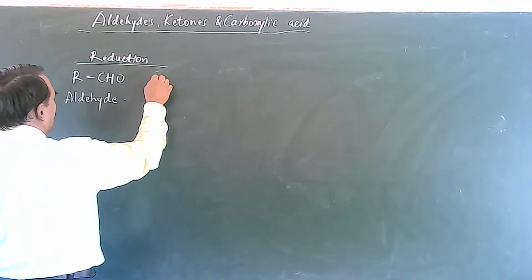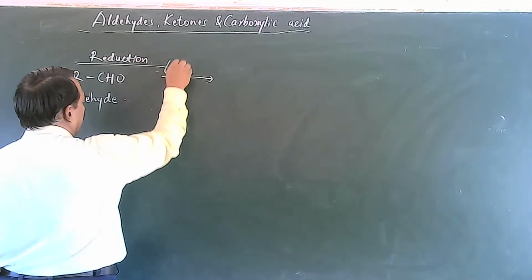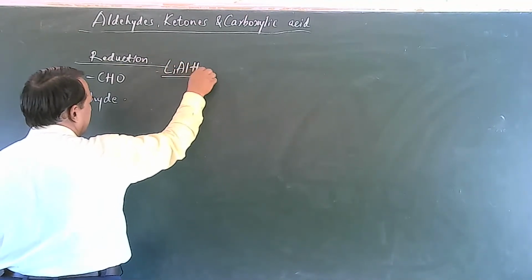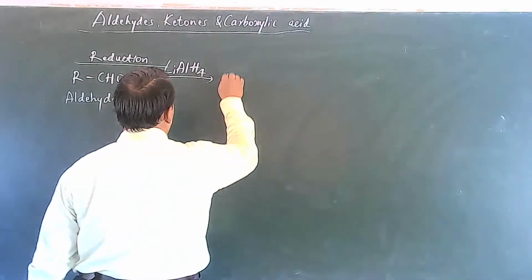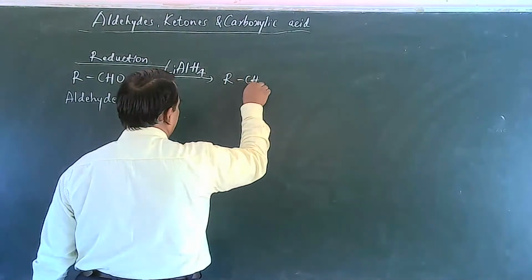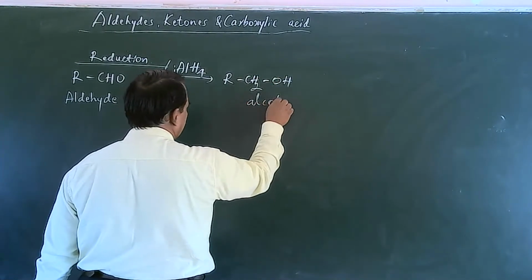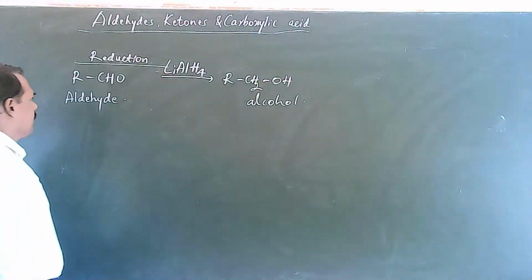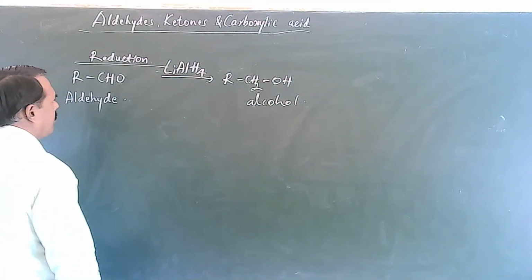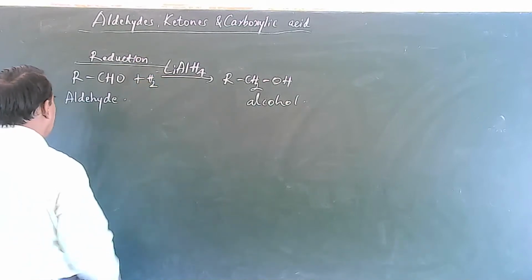When this aldehyde is reduced with lithium aluminium hydride, we will get R CH2OH, an alcohol is formed. See here, CH2OH, we are going to add hydrogen.